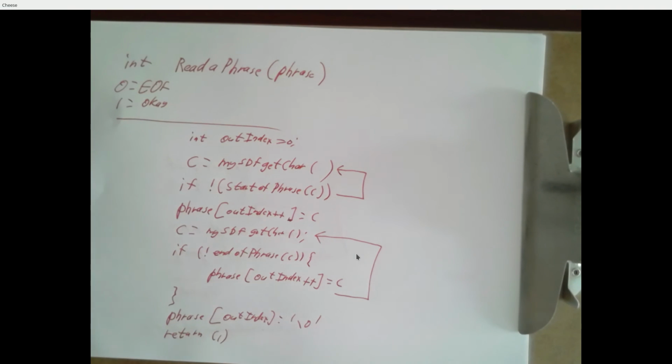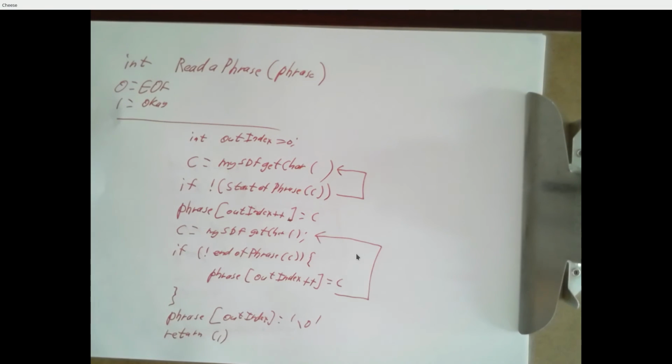And now, type in a bunch of characters and have it print out something when it finds the start of a phrase, when it finds the end of a phrase. And you can test those. And now put this together and type in a bunch of stuff, and have a main program that calls read a phrase repeatedly and just prints out the phrases. And now you can stuff in a bunch of text and it should just print out what you think of as phrases.